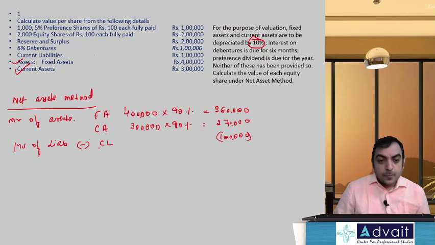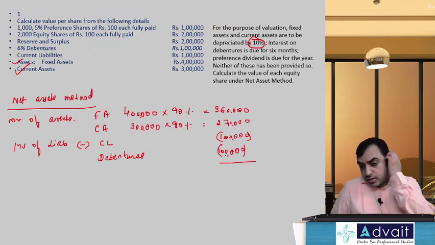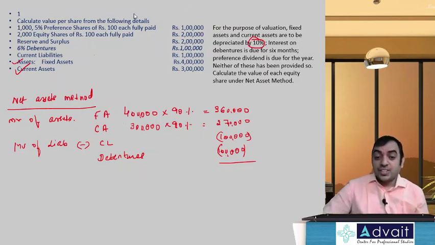We have debentures, 1 lakh. So tell me how much net assets comes to: 3,60,000 plus 2,70,000 minus 1 lakh minus 1 lakh.